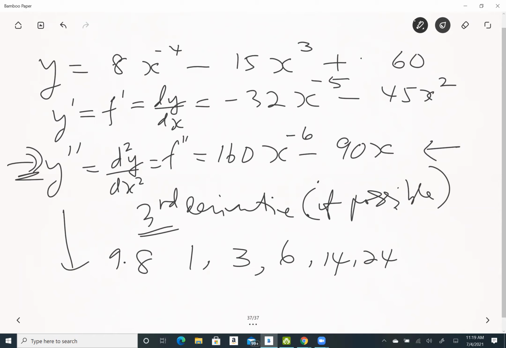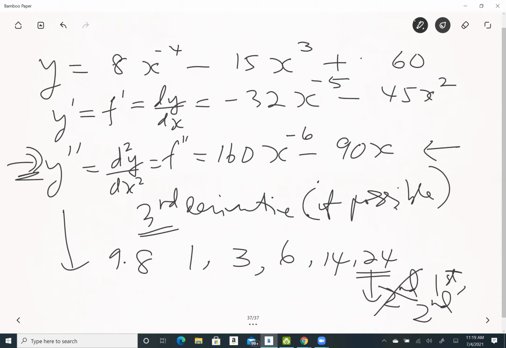Try to do up to the second derivative, but if it is a quotient rule, it involves so many terms, so no need. For number 24, get the first derivative. If possible, you can try the second. If it has too many terms and too much work, you don't have to do it.